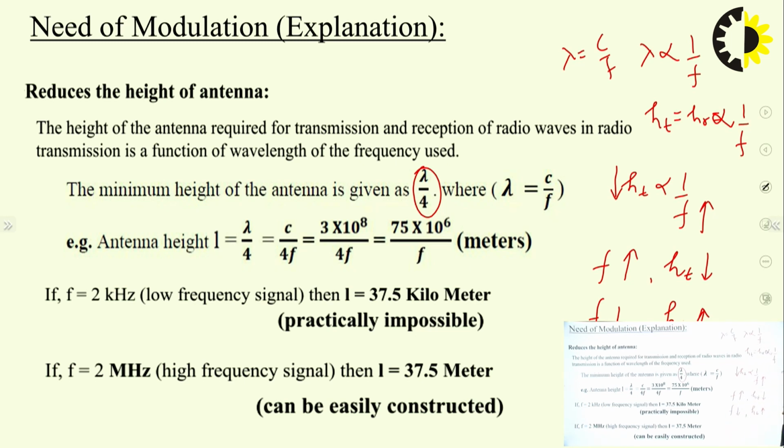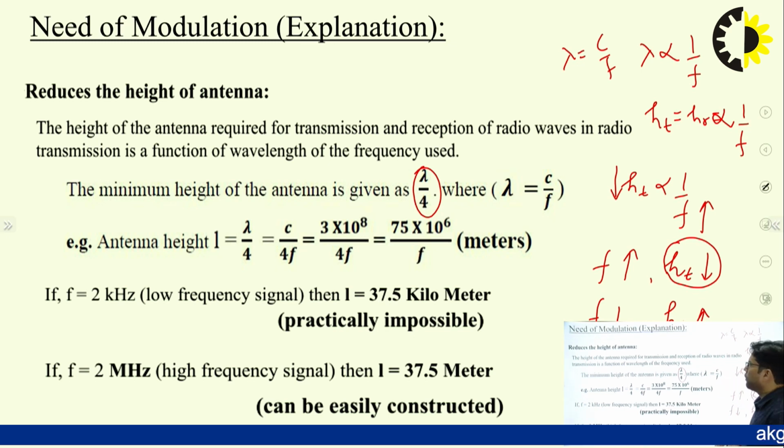So our aim is to have the height of the antenna as low as possible. For it, we need to increase the frequency of the signal, and for that we need to do the modulation process, as we discussed in the previous slide. Now lambda is equal to c by f, where c is the speed of light.